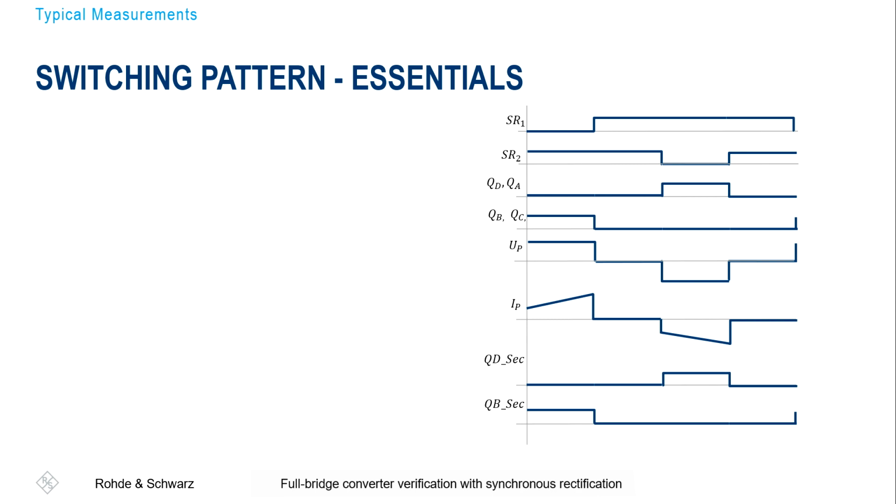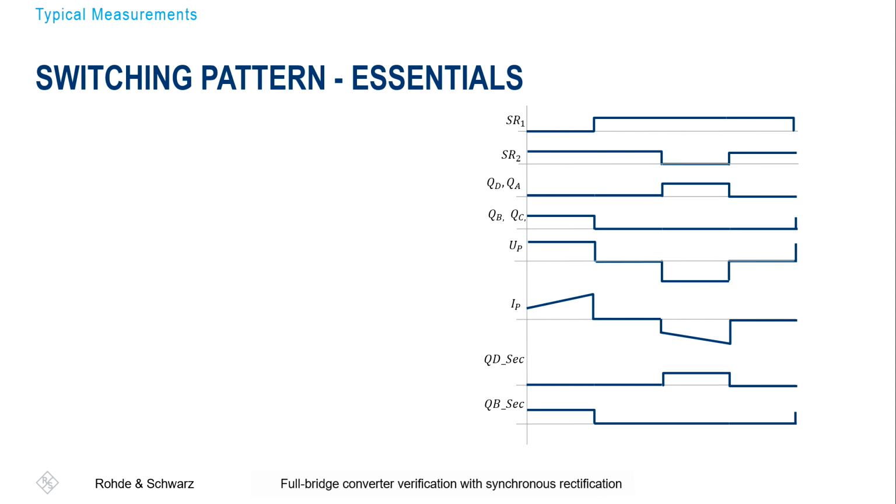And I added two additional signals, called QD and QB. So there's also the information behind that waveform of the switches, which are here in the top of the diagram.